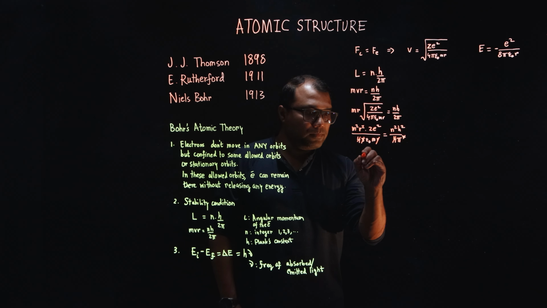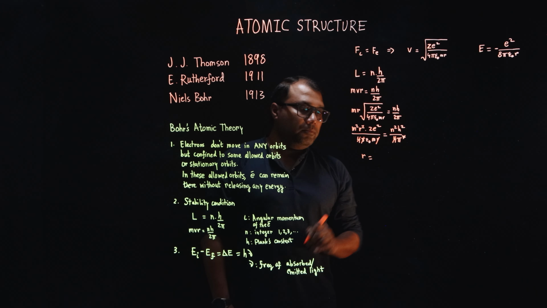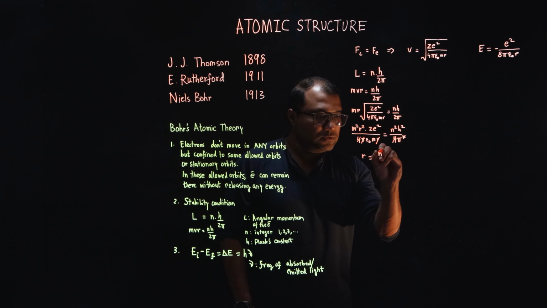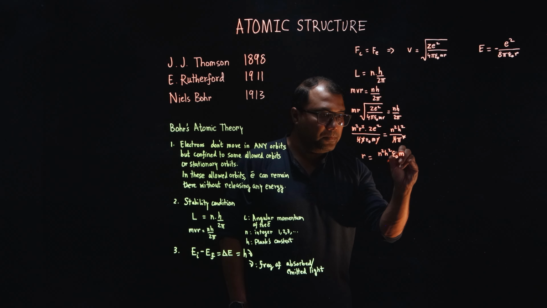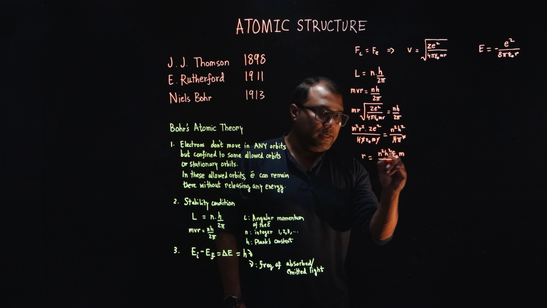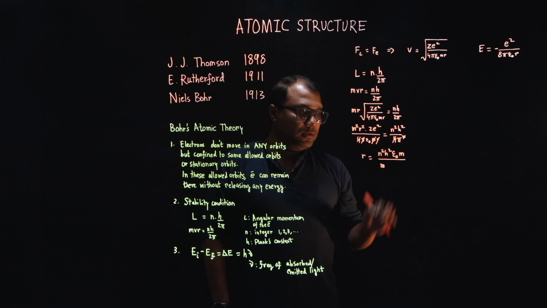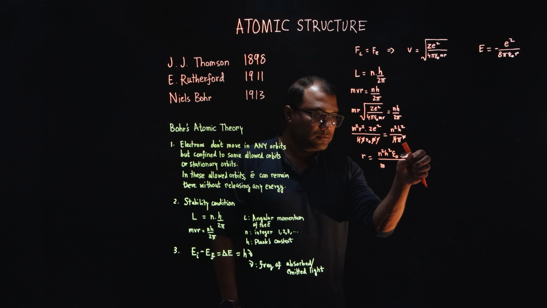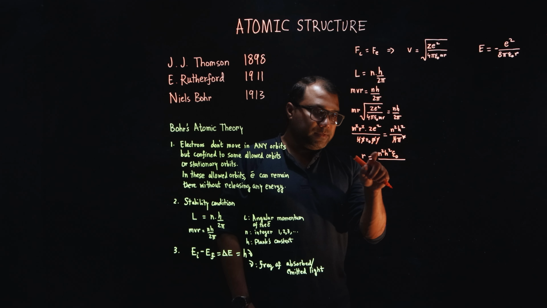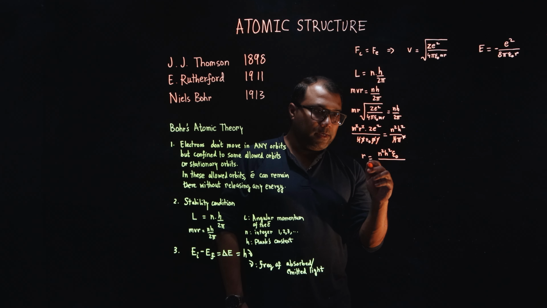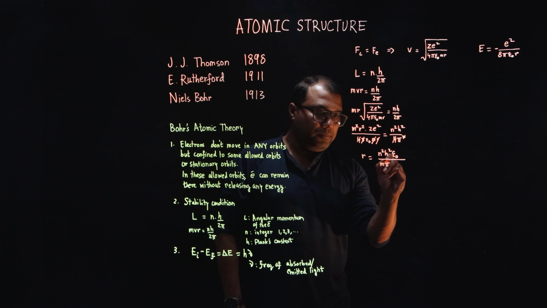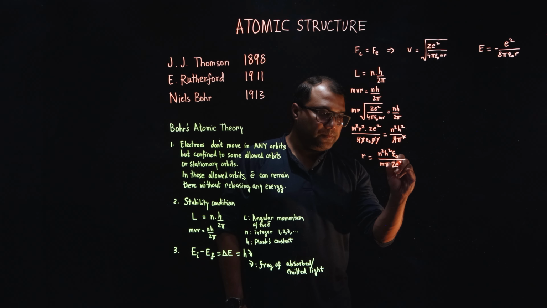So from this, r becomes n square h square epsilon naught divided by pi m z e square.